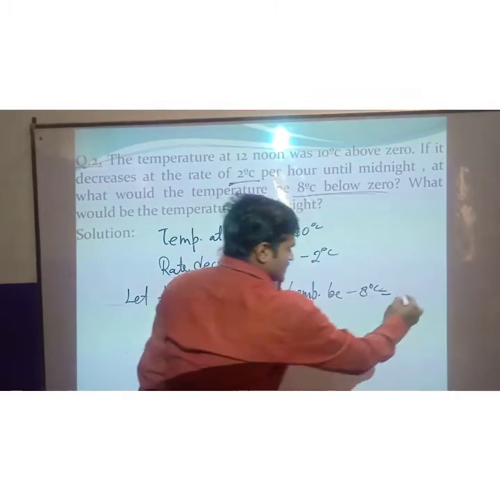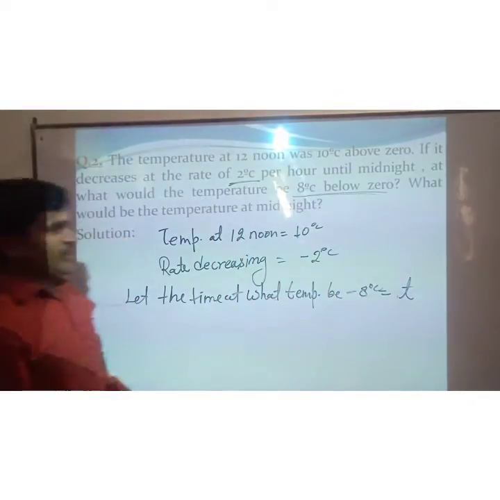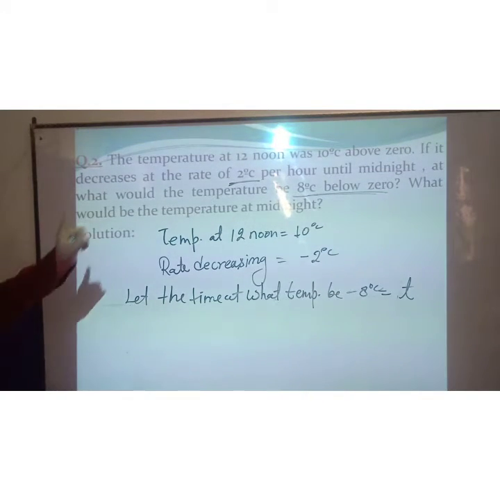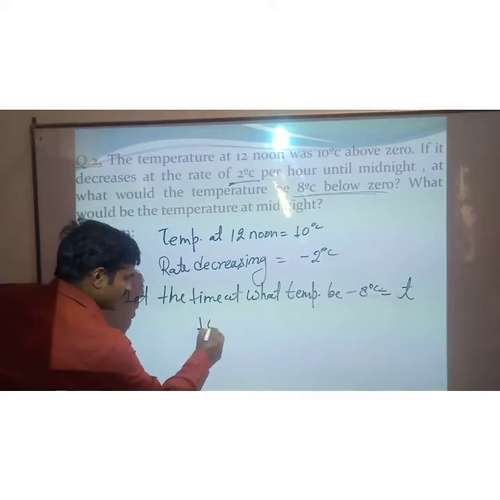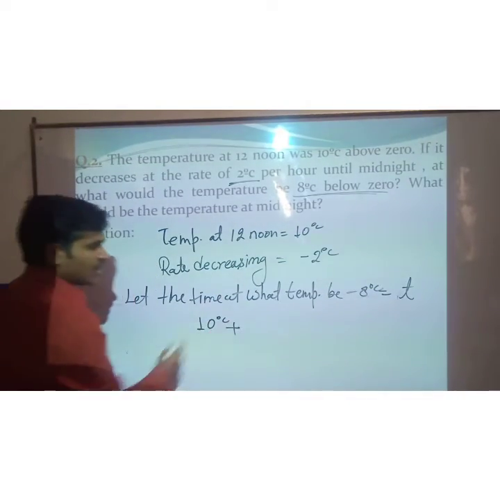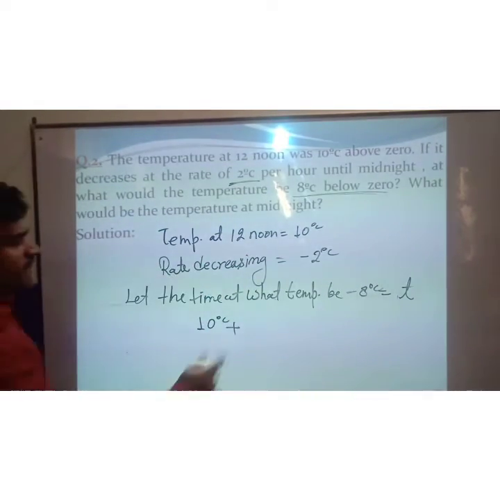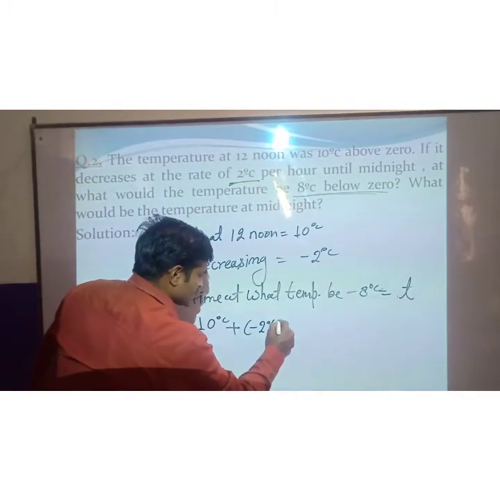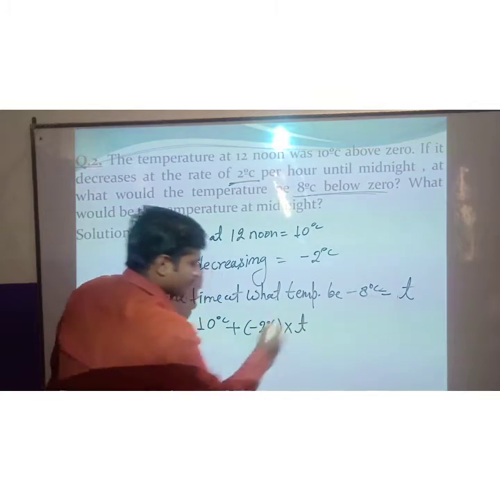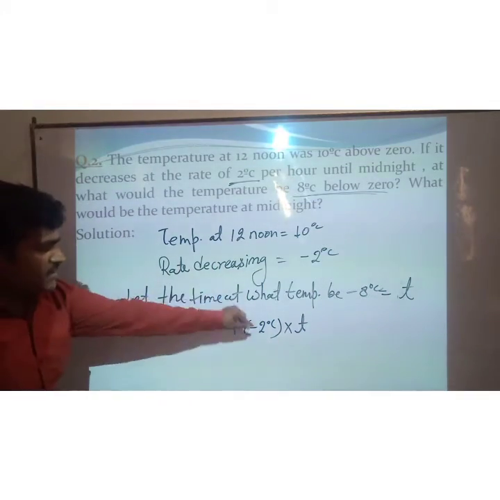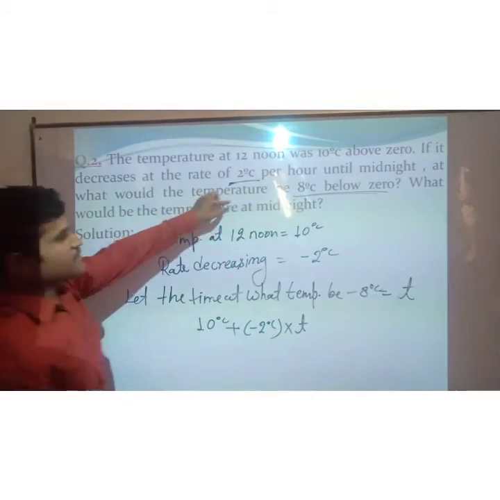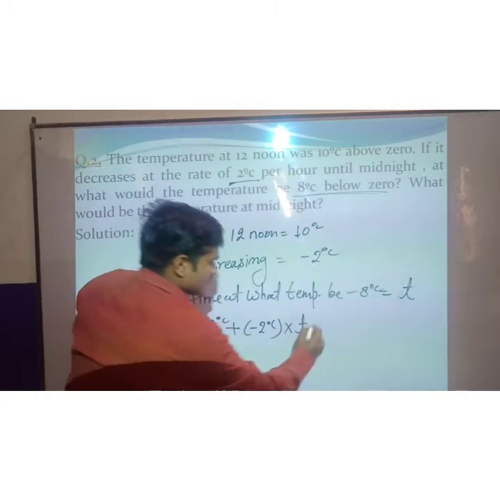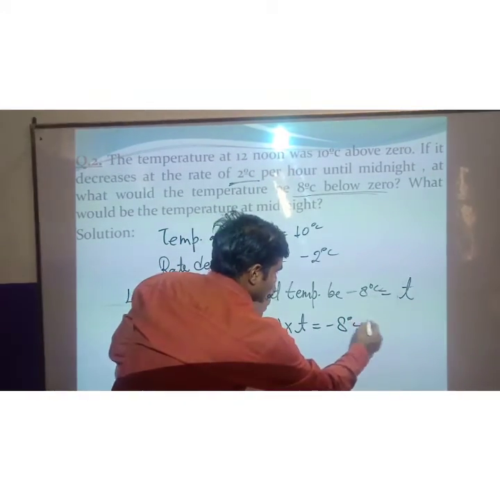Any variable we can consider, say T. So the temperature at 12 noon was 10 degrees Celsius, plus the decreasing rate of minus 2 degrees Celsius multiplied by T. At T, the temperature would be minus 8 degrees Celsius, equal to minus 8 degrees Celsius.